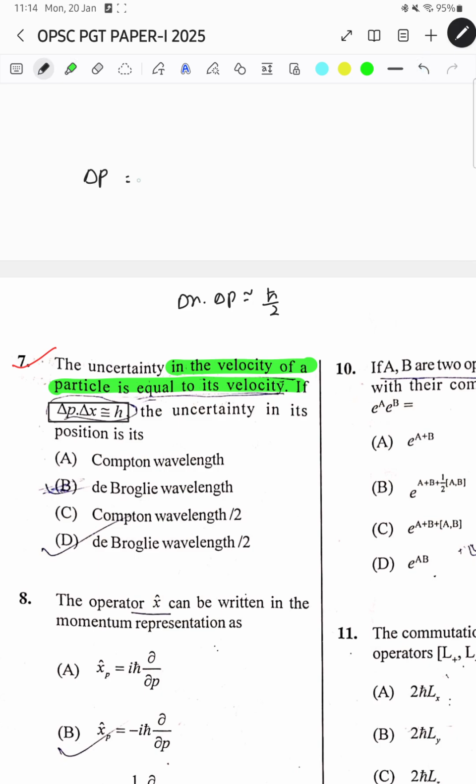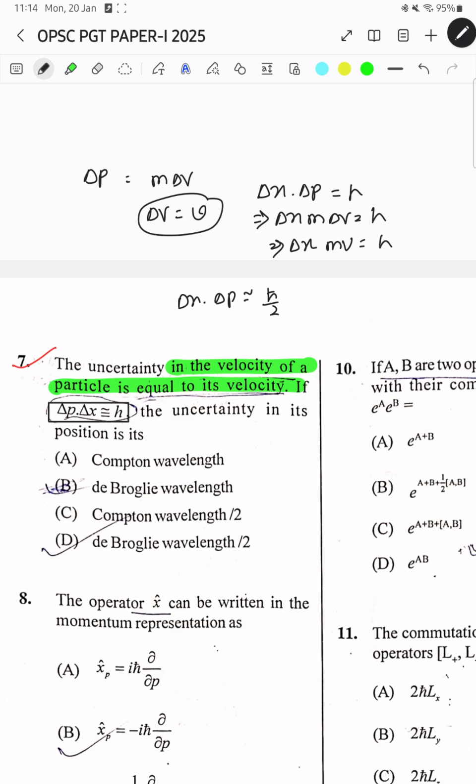So del p I can write as m del v. Del v is given equal to the velocity. Let's suppose the velocity is v, so del v is equal to v. While writing del x del p is equal to h, only h, it is given del x del p is h. So I can write del x m del v is equal to h. Since del v is given as v, I can write del x m v is equal to h.